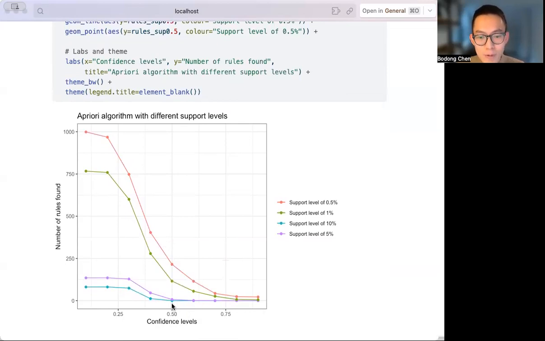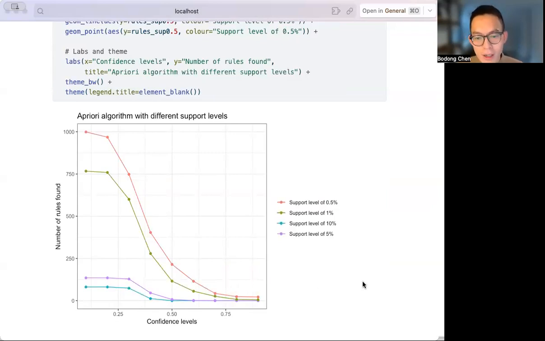You can see that if we set the number too high, basically if we set the confidence to be 0.5 and the support level to be above 5%, we're likely to get 0 rules. That's not something we want to achieve. Versus if we set this too low, we get too many rules to make sense of.